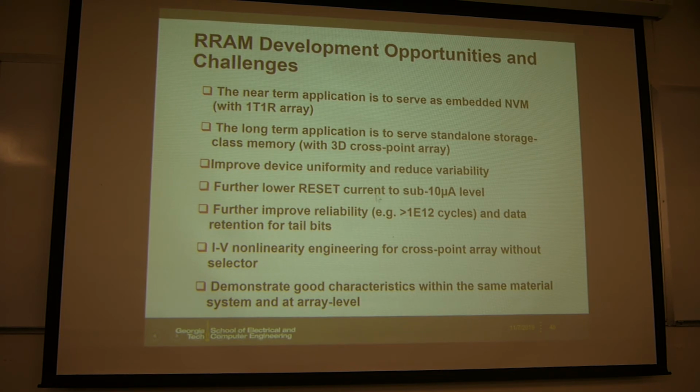And the reset current needs to be scaled down. And this IV nonlinearity is needed for the selector. If you don't use a selector, then your memory IV needs to be nonlinear by itself, so it's like a built-in selector.